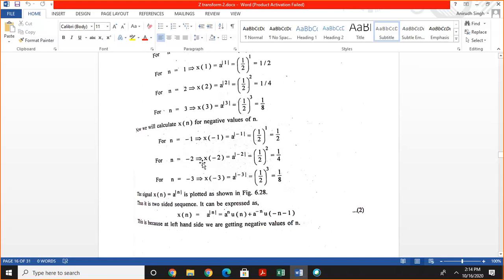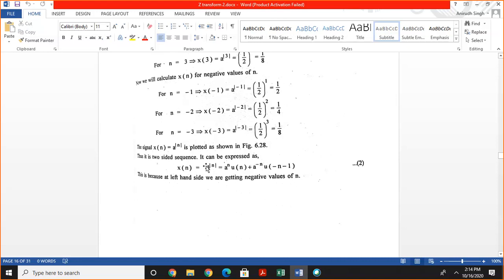Similarly, for n equal to minus 2, the value of x of minus 2 is 1 by 4, and for n equal to minus 3, the value of x of minus 3 is equal to 1 by 8.